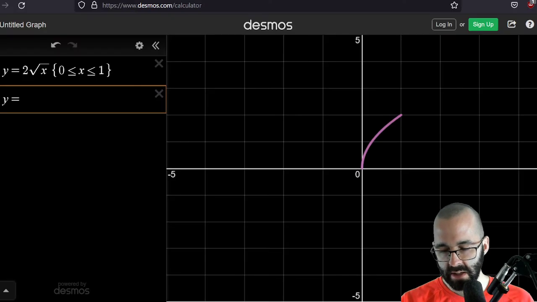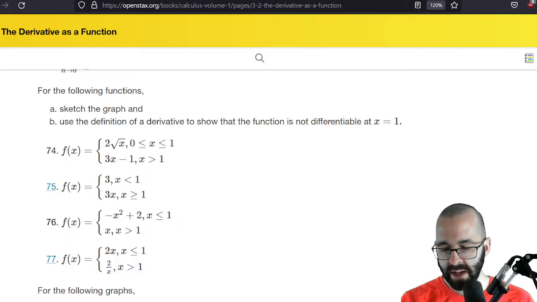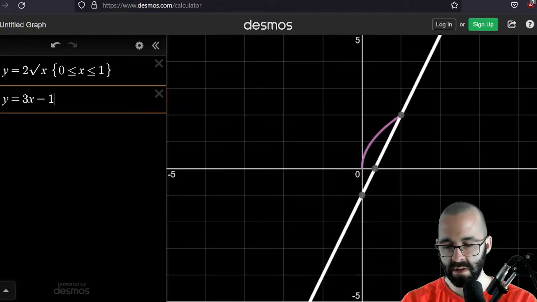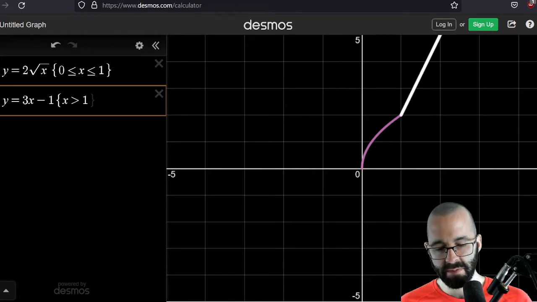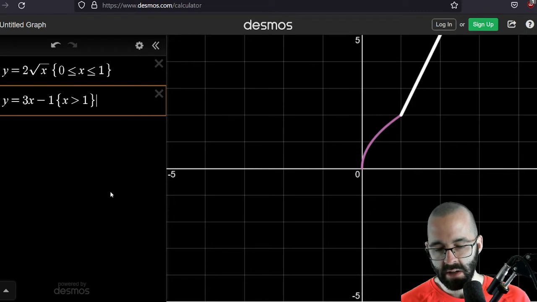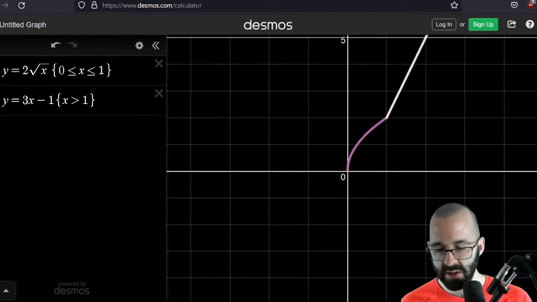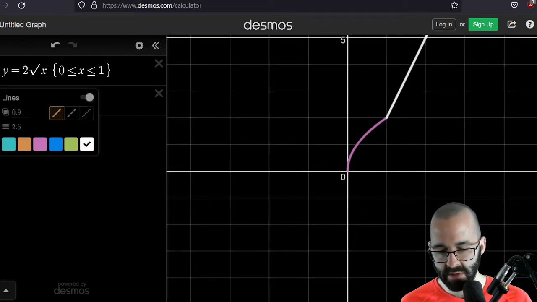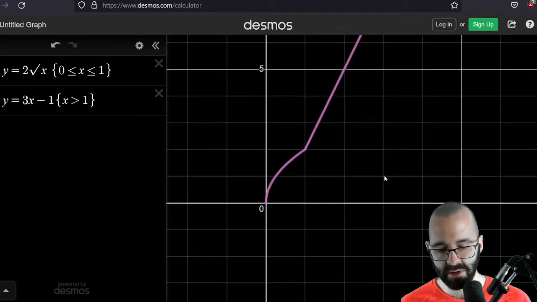And the other one is 3x minus 1. And that's for x bigger than 1. So notice, let's have this function be the same color. It is one single function.